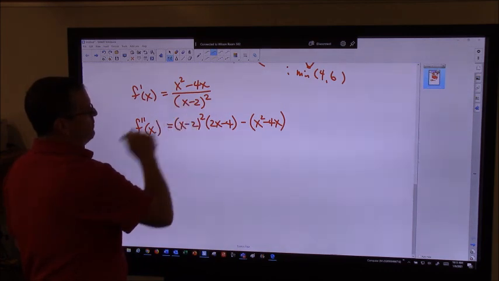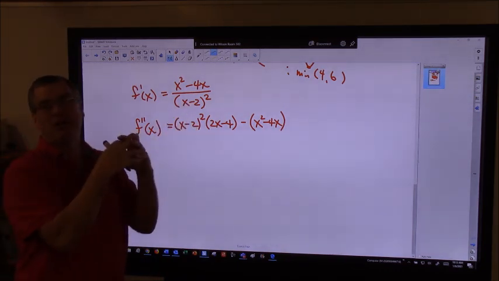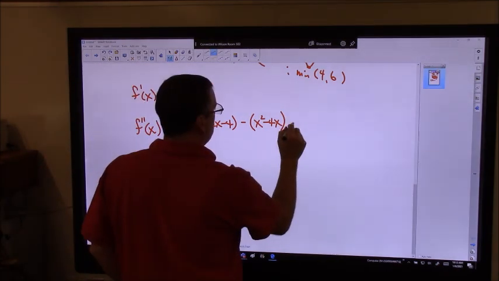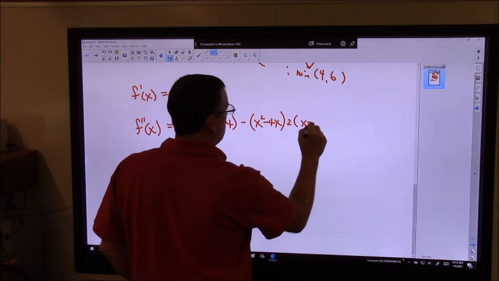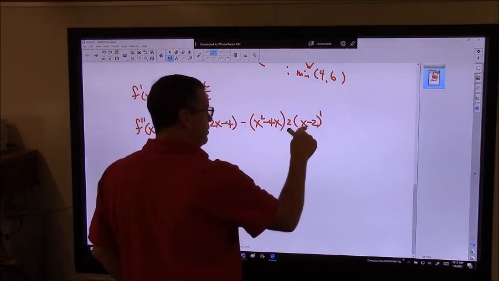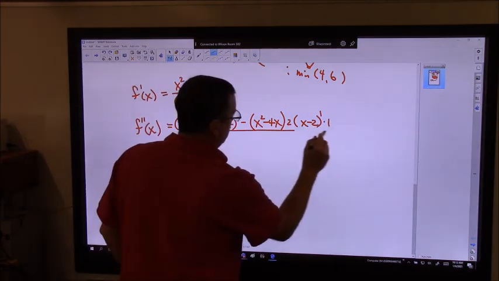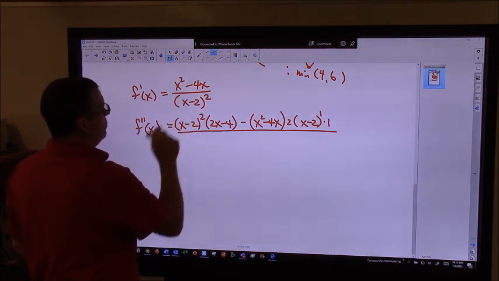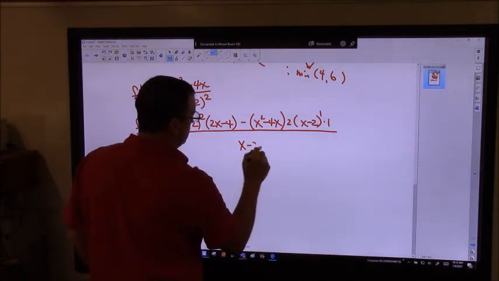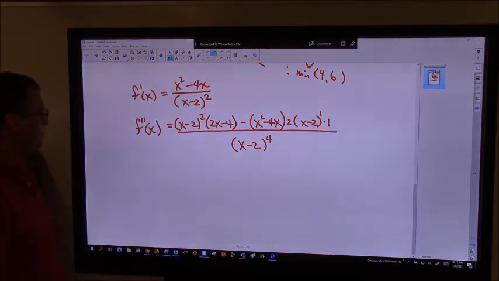Derivative of the low part, I've got to use the chain rule. We're getting everything bunched into one problem here. So bring the 2 down in front, subtract 1 from the exponent, that's now a 1, times the derivative of the inside, which is also 1. And that's all over low squared, so this will now be x minus 2 to the 4th power. All right.